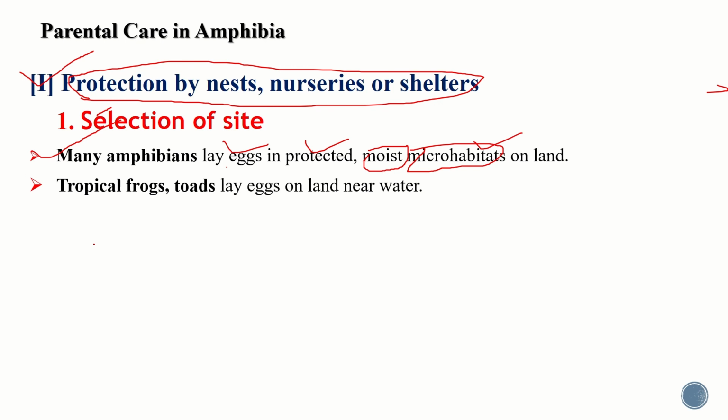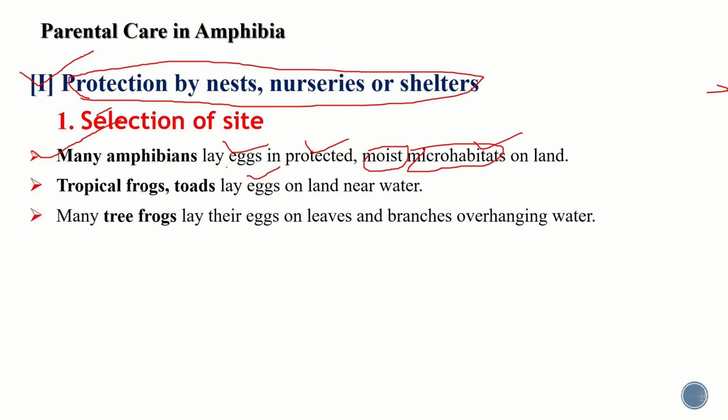Many tree frogs lay their eggs on leaves or branches overhanging the water, and when the eggs hatch, the small tadpole larvae directly enter the water.